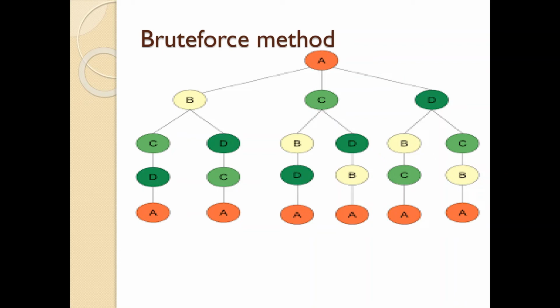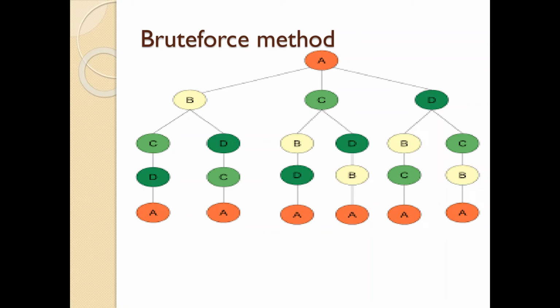Suppose the salesperson starts from vertex 1. What other vertices may he visit? The remaining 3 vertices: 2, 3 and 4.